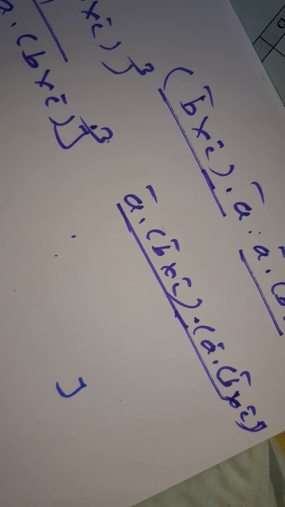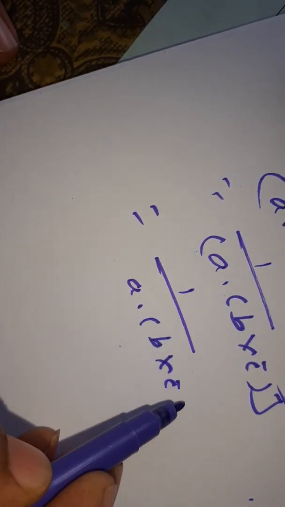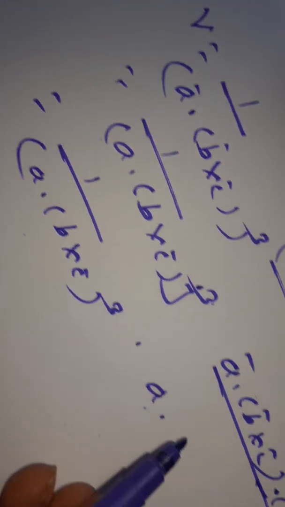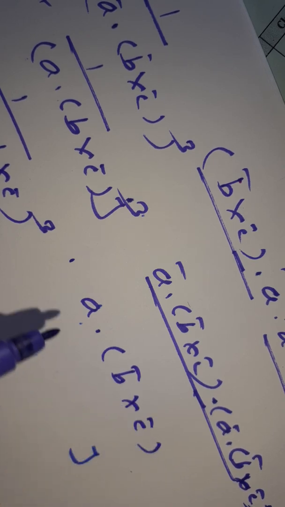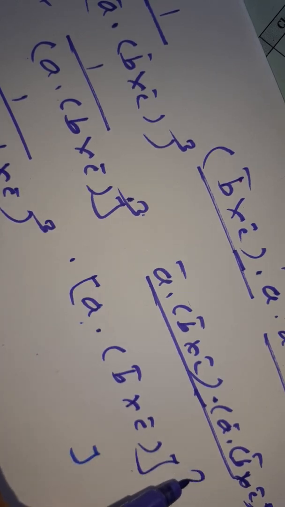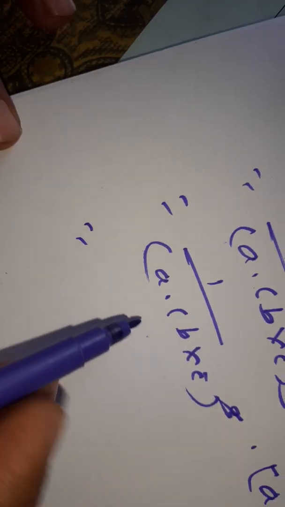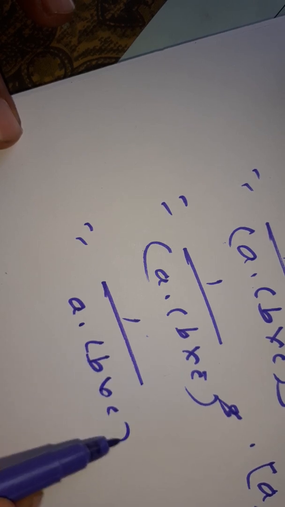So you got the A bar dot B bar cross C bar, whole cube, A bar dot B bar cross C bar square. So there is only one term remaining. So we got 1 upon A bar dot B bar cross C bar.